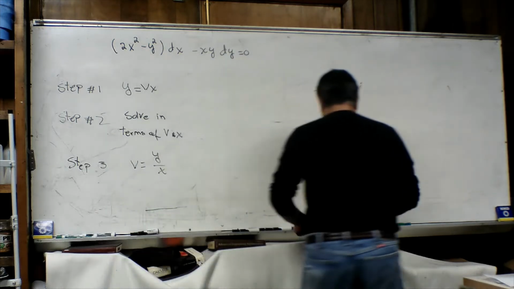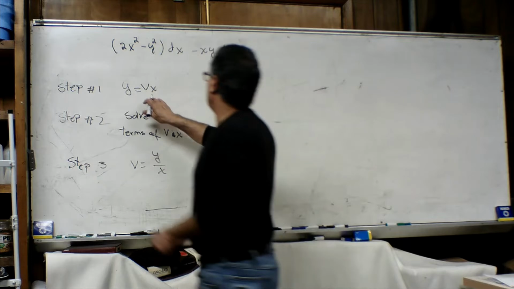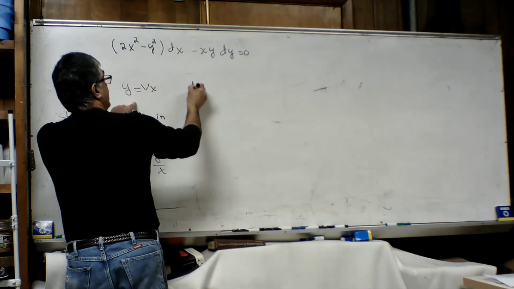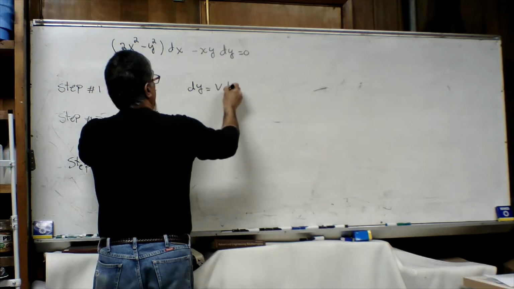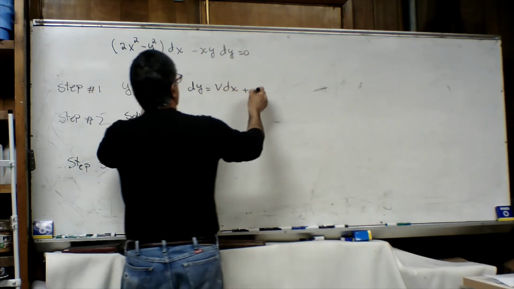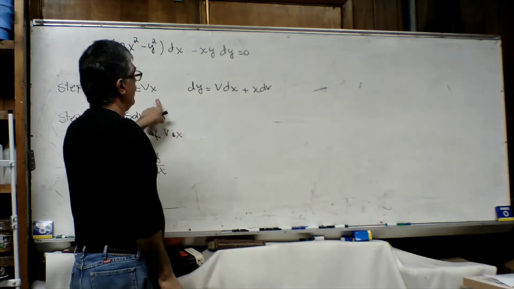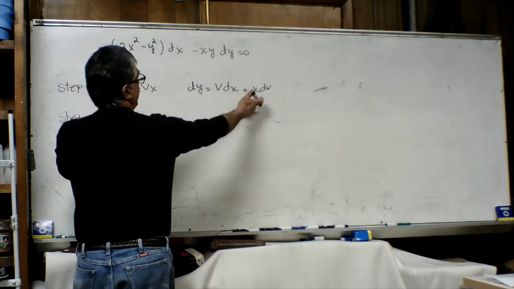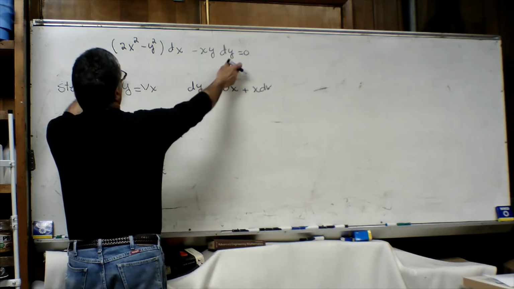So let's go ahead with step number 1. y is equal to vx, then dy will be equal to v dx plus x dv. Now let's plug these values for y and dy in this equation.